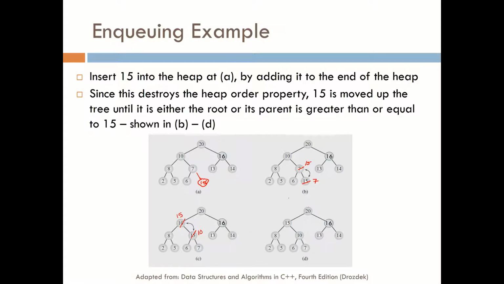As we look at it, let's put check marks if we meet the heap order property. 20 is greater than both 15 and 16. 15 is greater than both 8 and 10. 16 is greater than or equal to both 13 and 14. 8 is greater than or equal to both 2 and 5. And 10 is greater than or equal to both 6 and 7. I have check marks by all the nodes that have children, and therefore we have restored the heap order property.